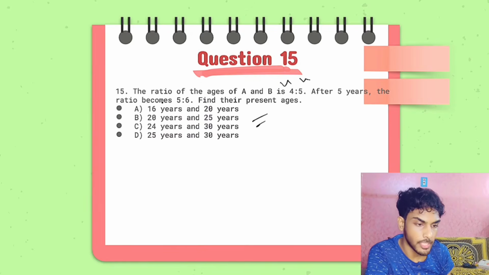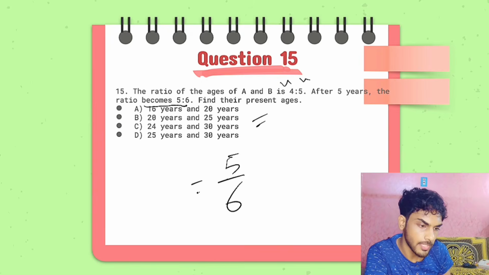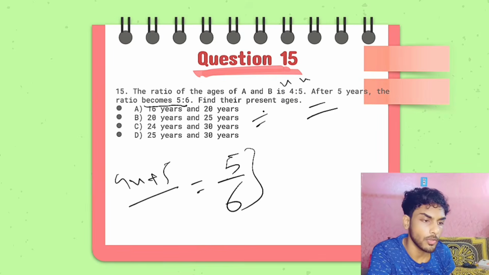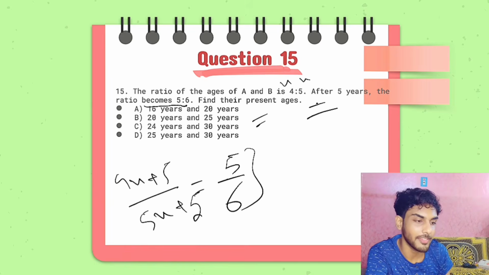We already know the ratio after 5 years becomes 5:6. So after 5 years, A's age will be 4x plus 5 and B's age will be 5x plus 5, so (4x plus 5) by (5x plus 5) is equal to 5 by 6.